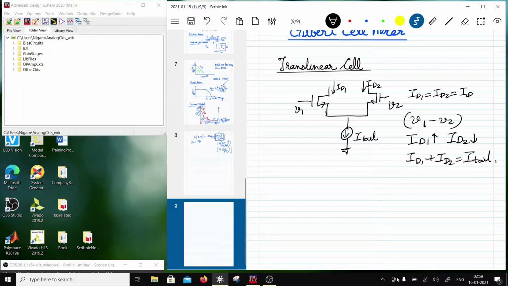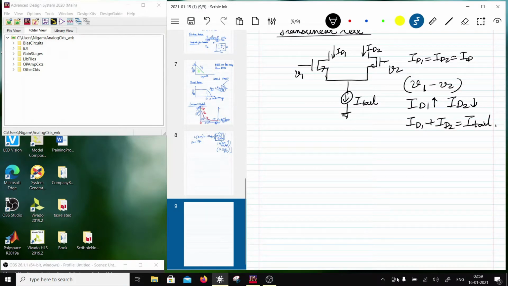That's what happens, because this current is divided into half when V1 equals V2. But if V1 is greater than V2, then this happens. If V2 is greater than V1, then ID1 will go down and ID2 will go up.